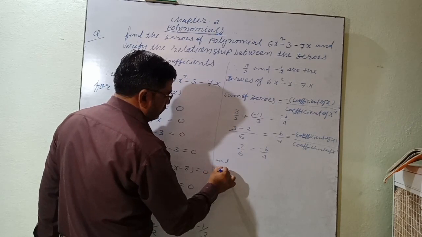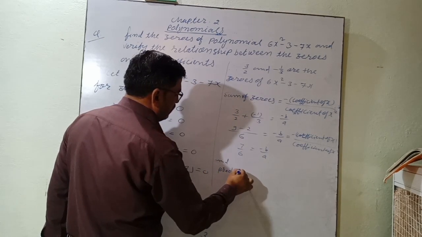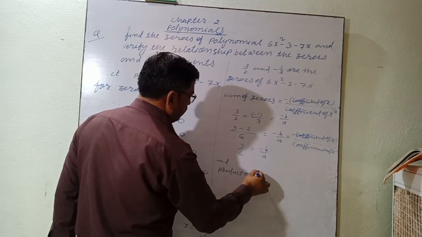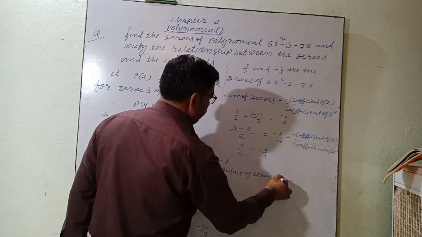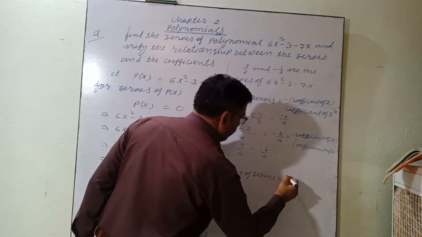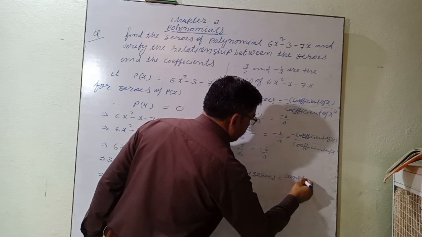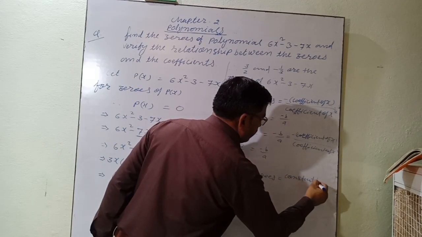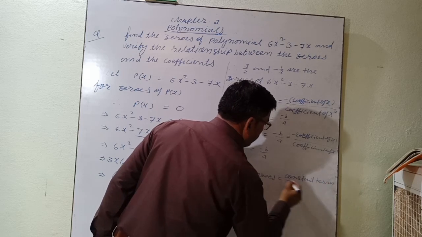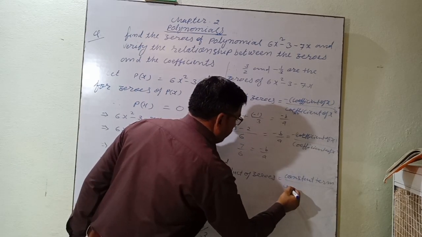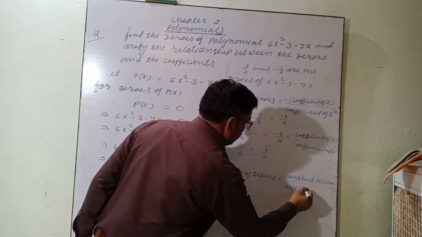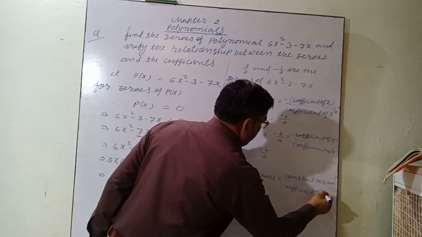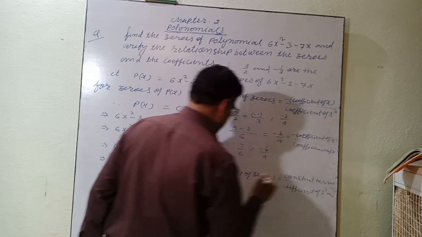And product of zeros equal to constant term divided by coefficient of x square term.